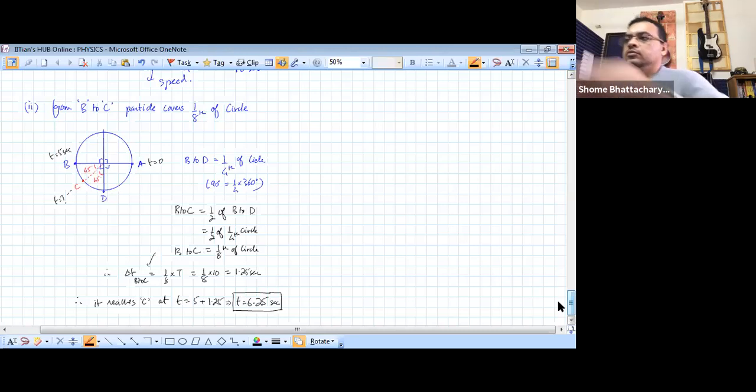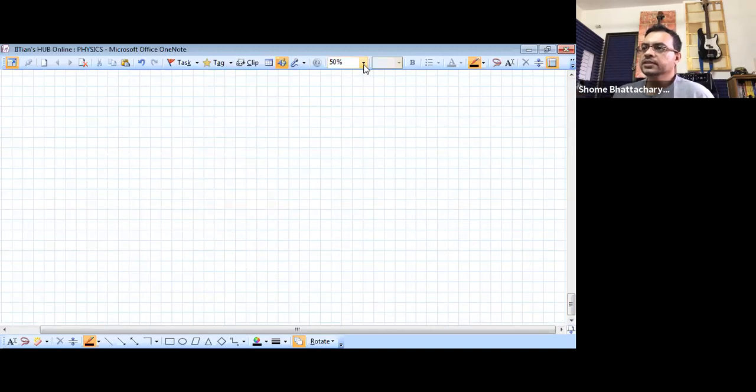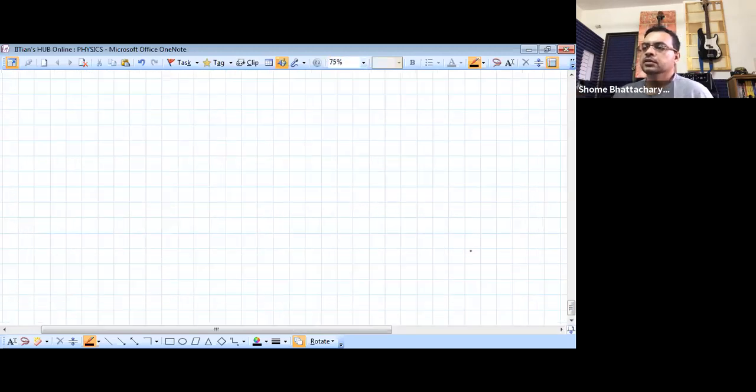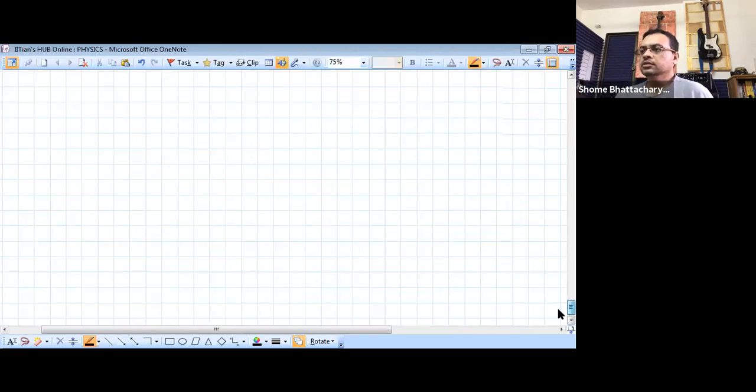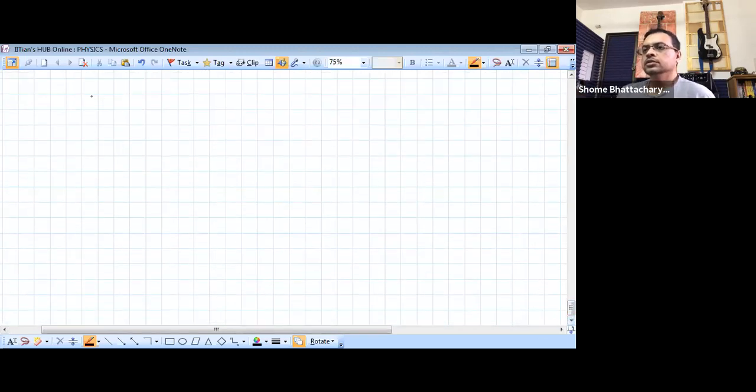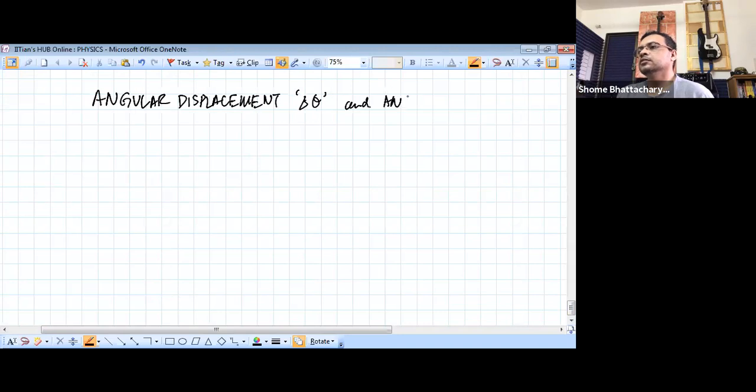Now, the final aspect of uniform circular motion, you understand, is something called angular displacement and angular velocity. So next thing you'll understand is the concept of angular displacement, delta theta, and angular velocity, which we denote with a Greek symbol, omega.